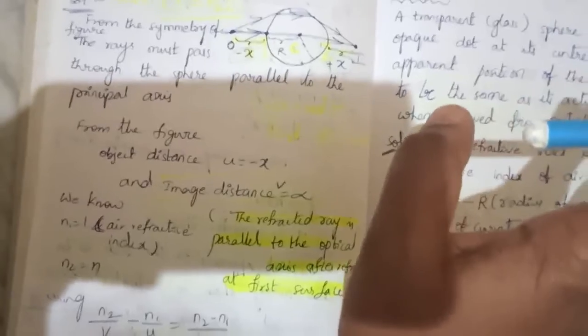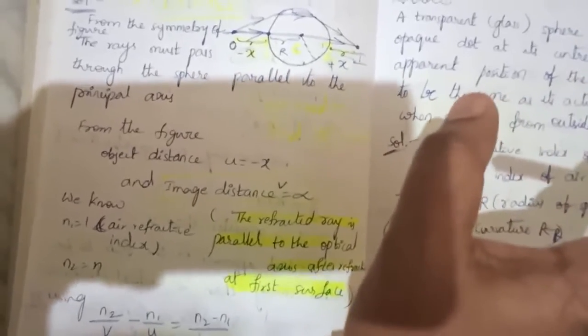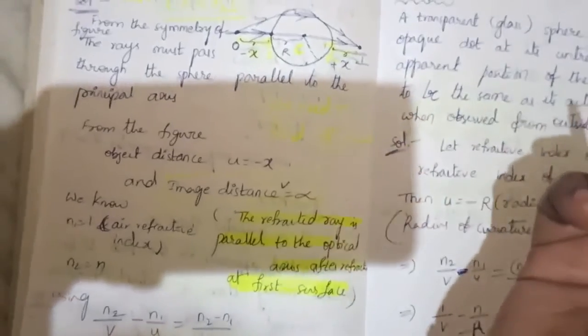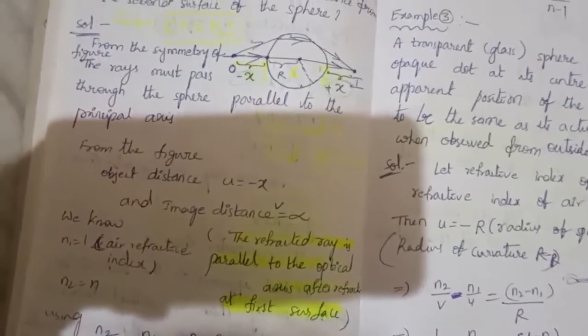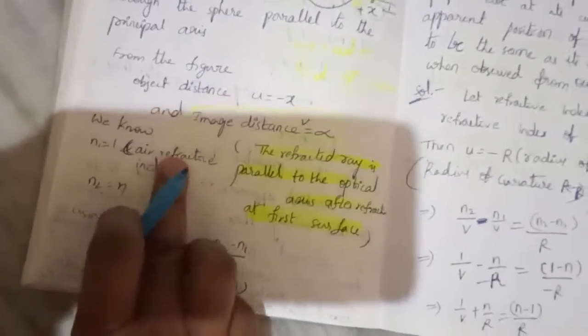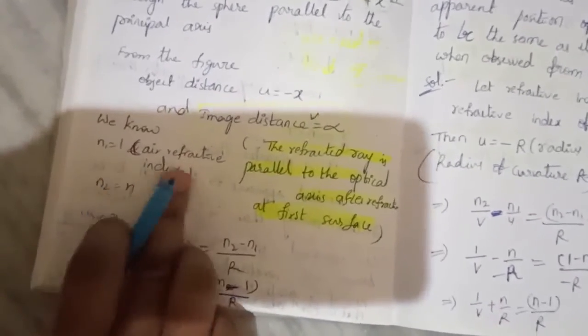So we need to find the x value. Here refractive index of air n1 is equal to 1, and refractive index of the sphere medium n2 is equal to n.